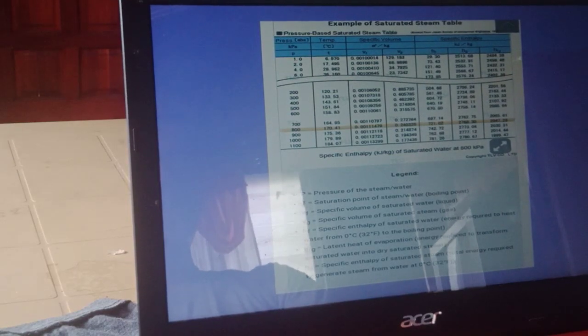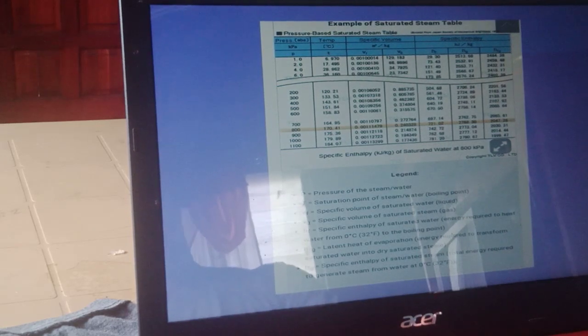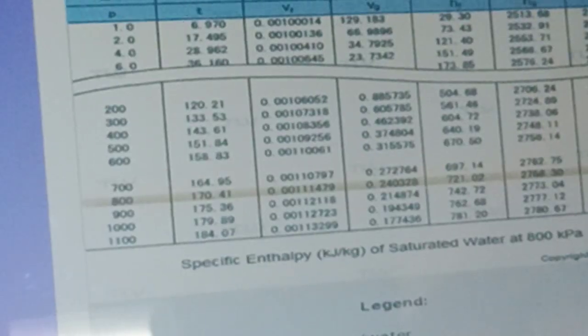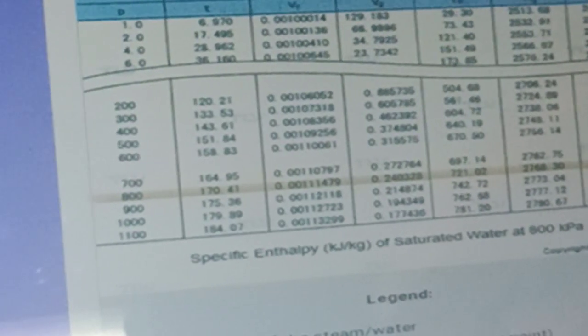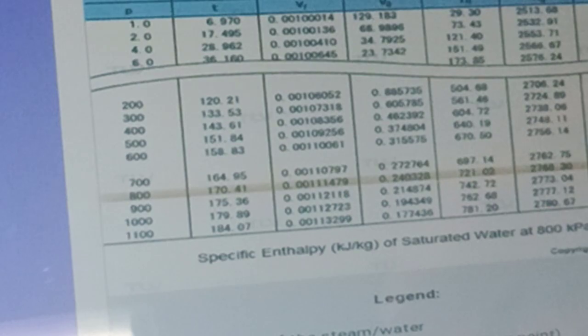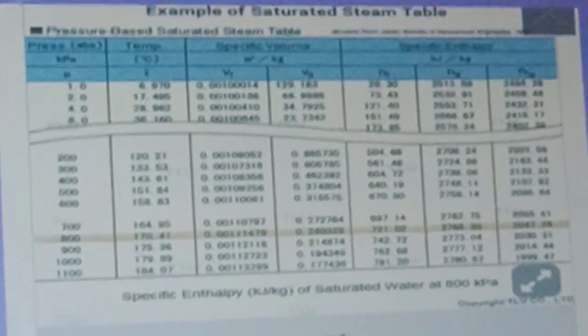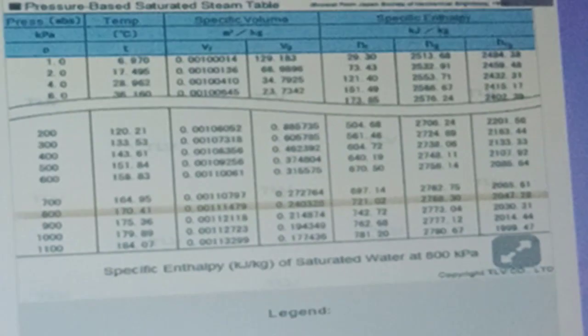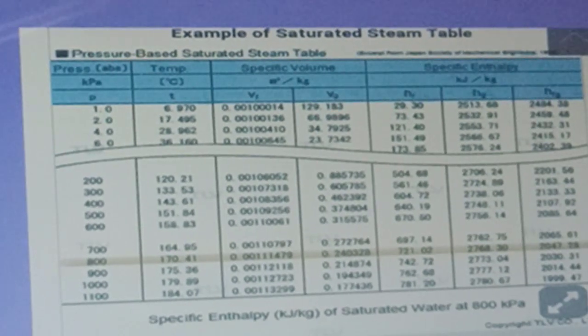This is an example of saturated steam tables.